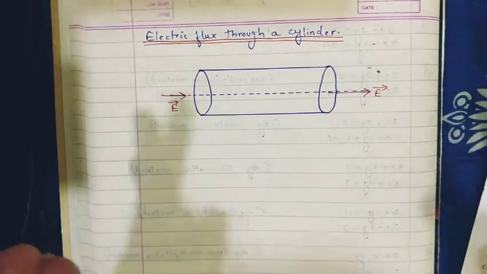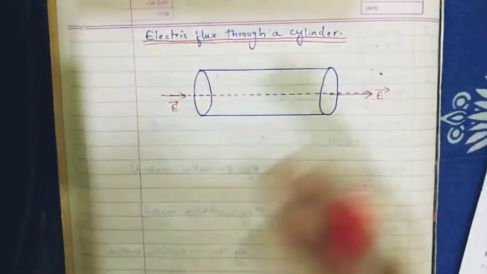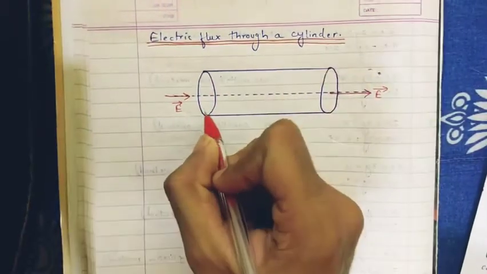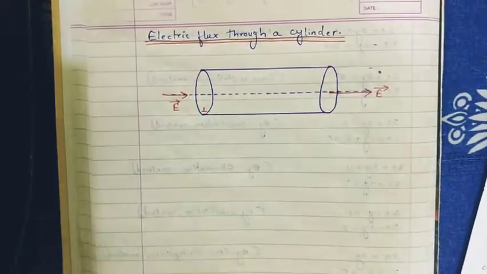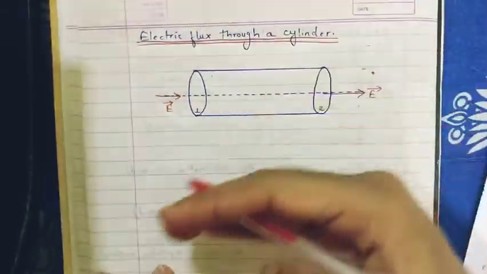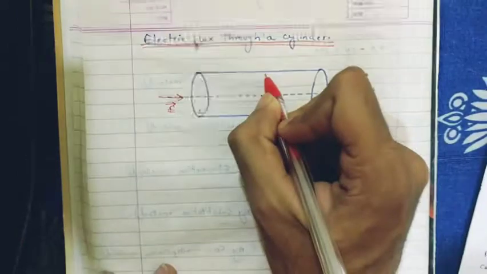To make it easier, let's mark the different surfaces. Obviously a cylinder has one curved surface and on the two sides it has a circular surface, correct? Let's mark this surface as surface 1, the first circular surface, this surface as surface 2, the second circular surface, and let's call the curved surface surface 3.